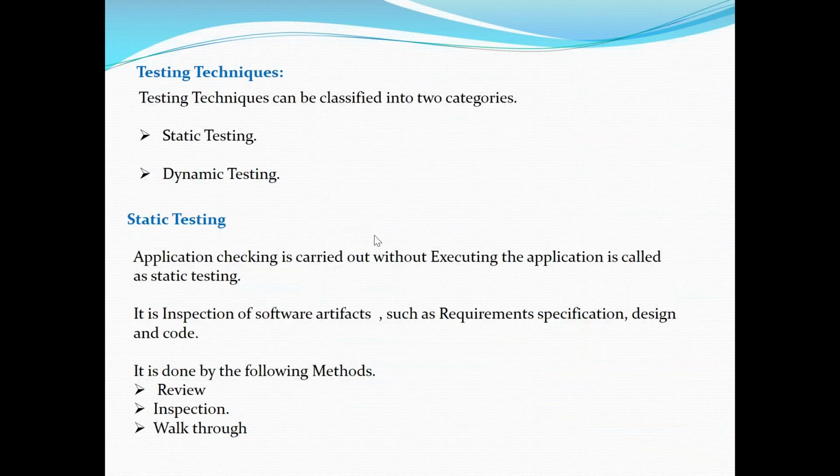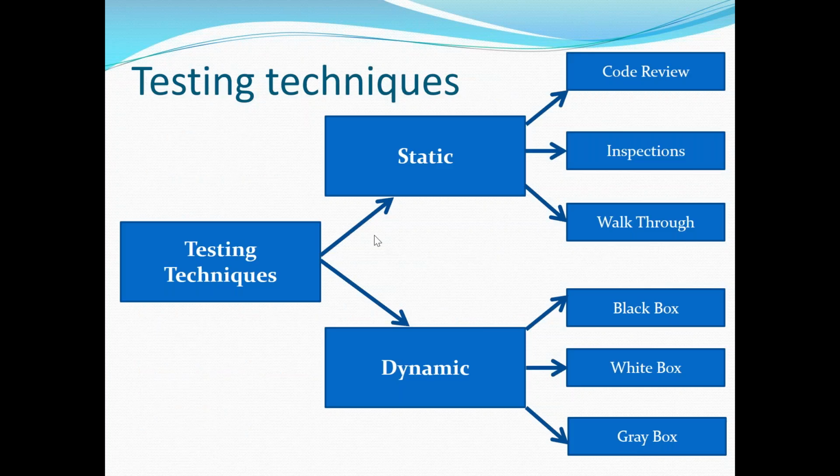QA only does dynamic testing, right? Yes, we will do dynamic testing only. Yes. But sometimes we are involved in reviews also, so not only static. Sometimes review means not only code review.